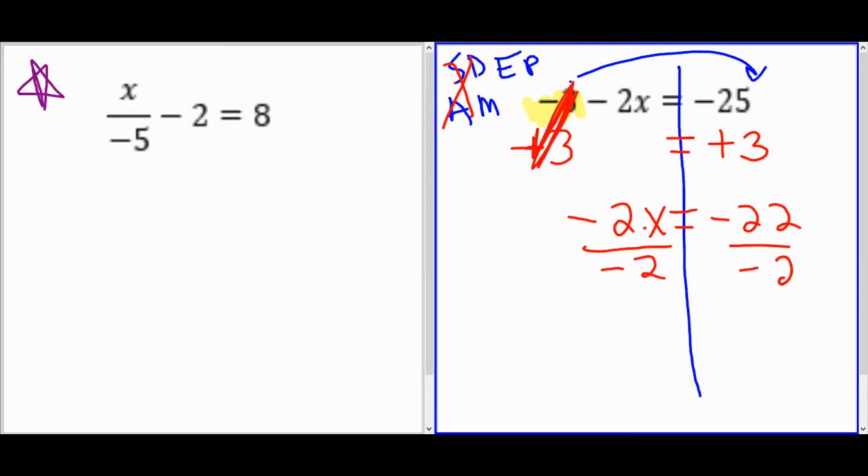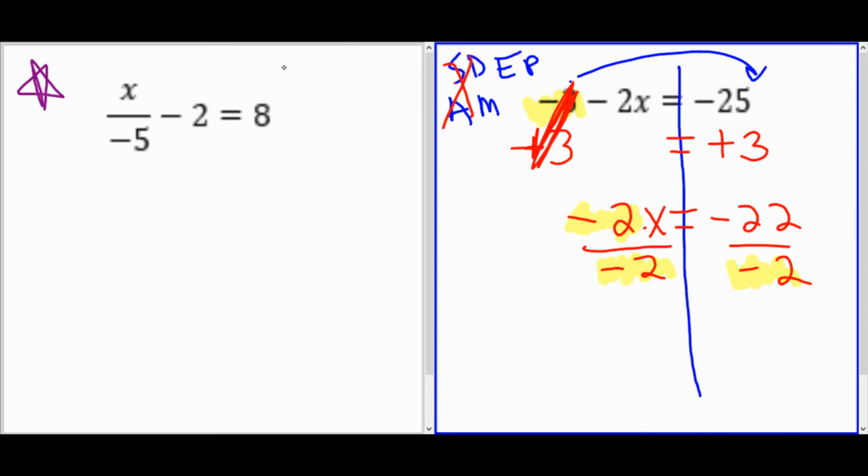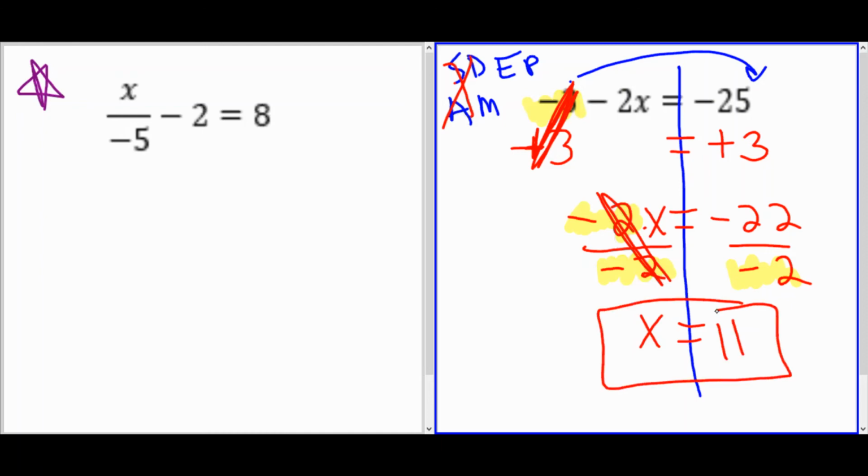Remember, it's negative, so you need to include the negative sign. Now when I do that, these cancel, they're gone. So -2 divided by -2, if you did that in your calculator, you'd get +1. So I get x equals, and then -22 divided by -2 is +11. So I want you to try the one on the left.